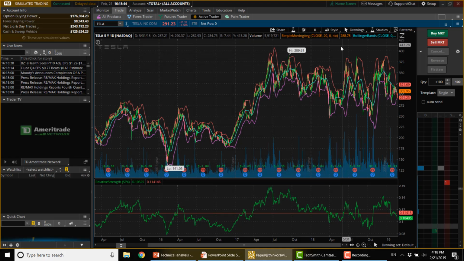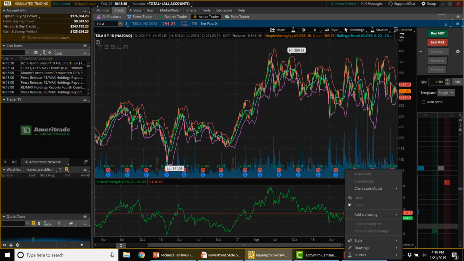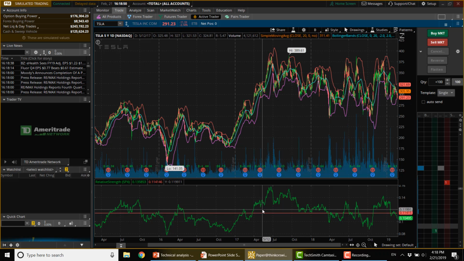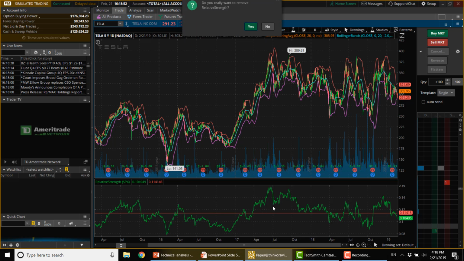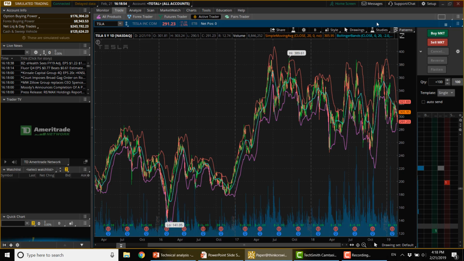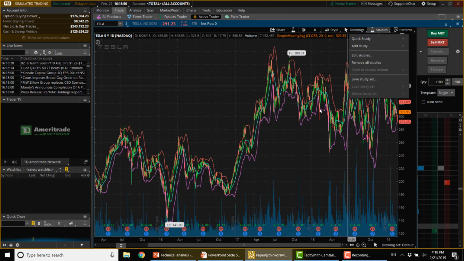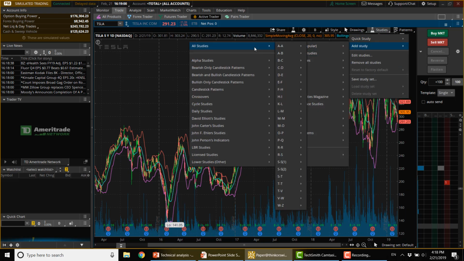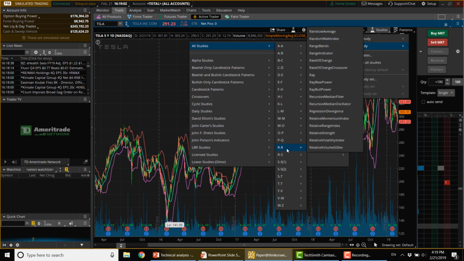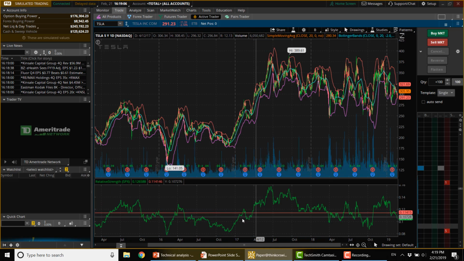All right, so I've already pulled it up, but I will show you how to get it again. If I go over to Studies, I'll add a relative strength index. Over here, I just go to relative strength, and here we go.